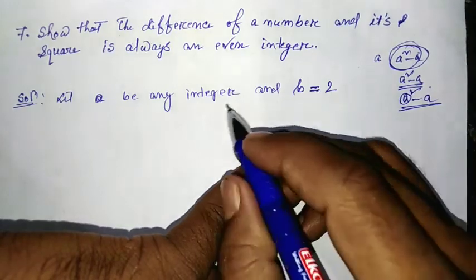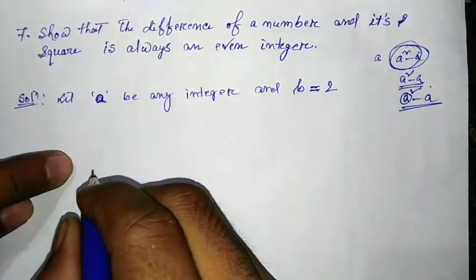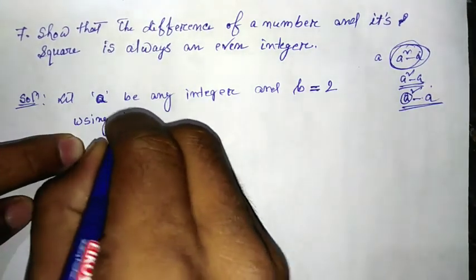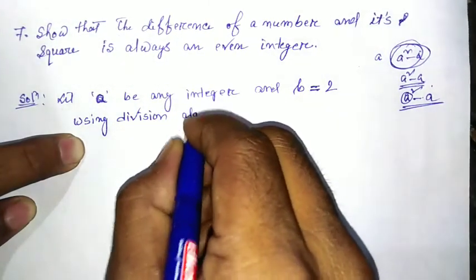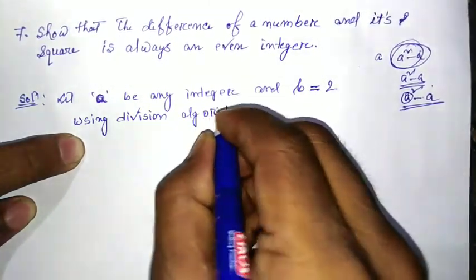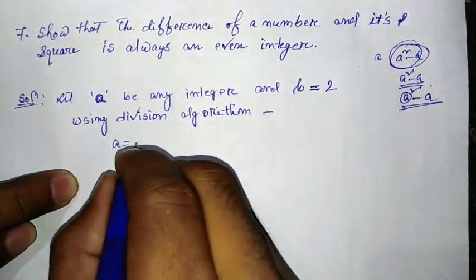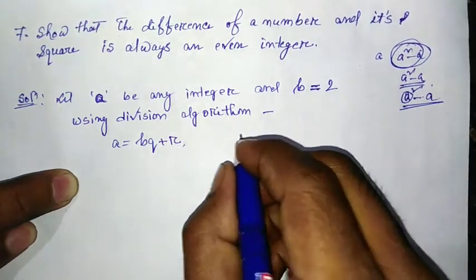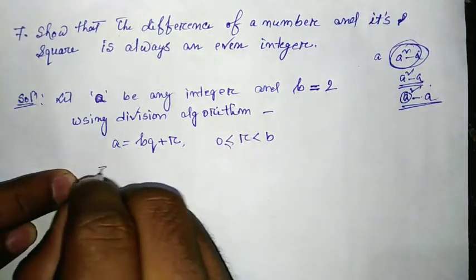So if b is 2 and a is any integer, then using the division algorithm, we can write a is equal to bq plus r, where r is greater than or equal to 0 and less than b.